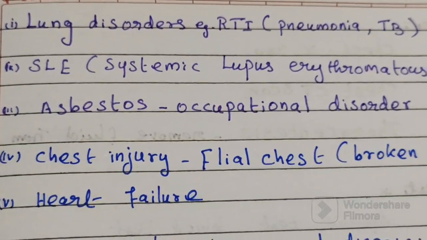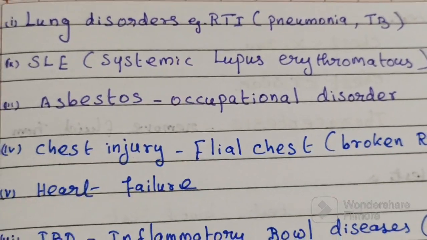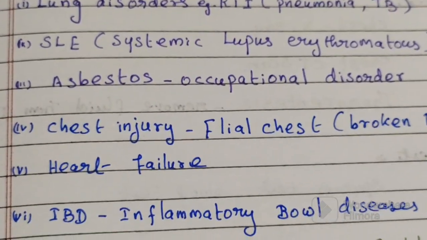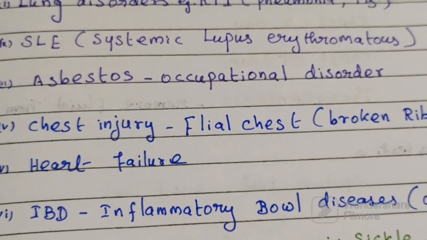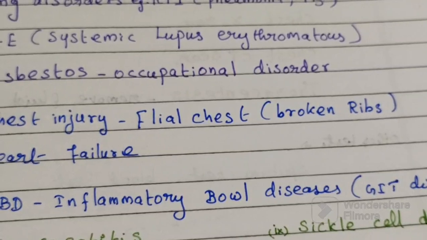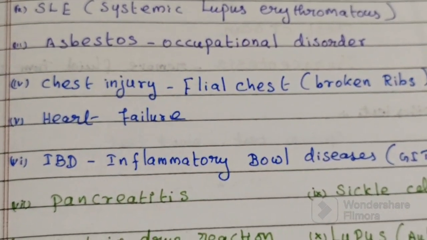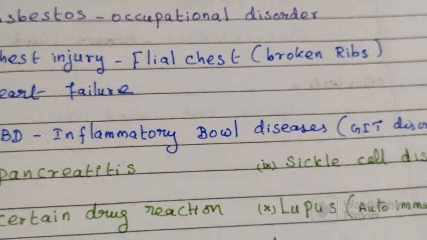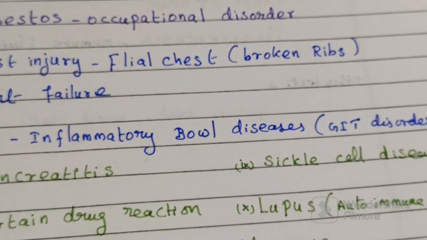Third, asbestos, an occupational disorder. Then chest injury, flail chest, meaning broken ribs that separate from the chest cavity. Then heart failure. Then inflammatory bowel disease, a gastrointestinal tract disorder.